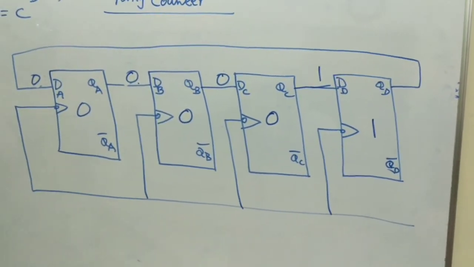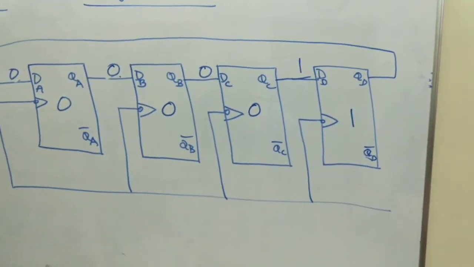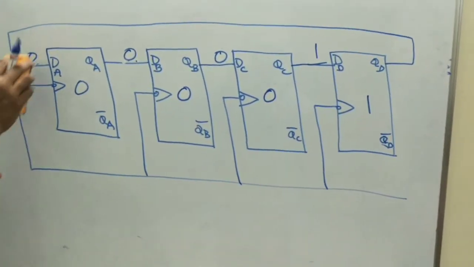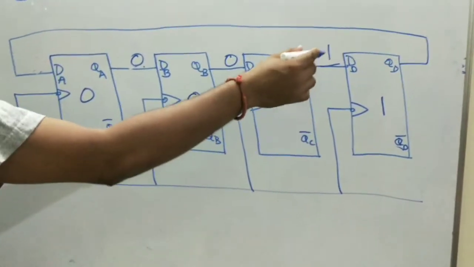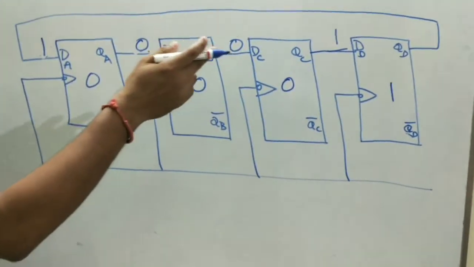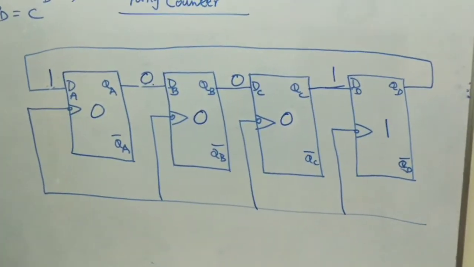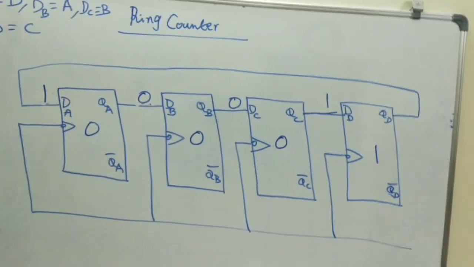Now we need to come to the reset or repeat state. Let us check whether it is coming. We have to find the new inputs now. What is the new input of DA? It is 1, because the output of D is coming as an input of the A flip-flop. So DA input is 1.